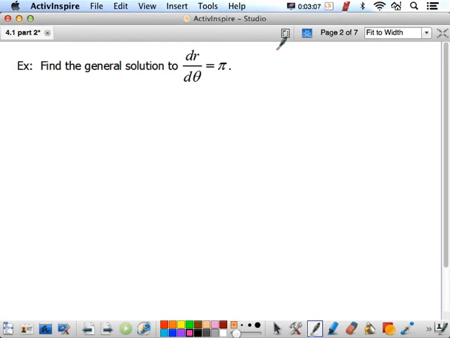For our second equation, we're going to look at dr d theta equals pi. So some equation with respect to theta has a derivative of pi. In order to figure out what that equation is, we cross multiply so that we have dr equals pi times d theta.